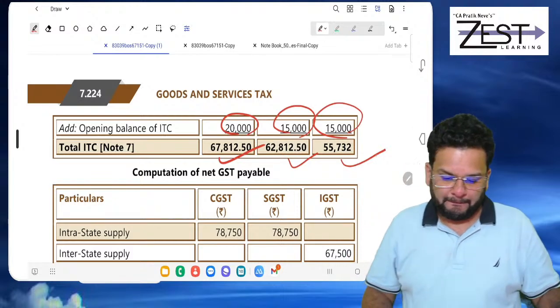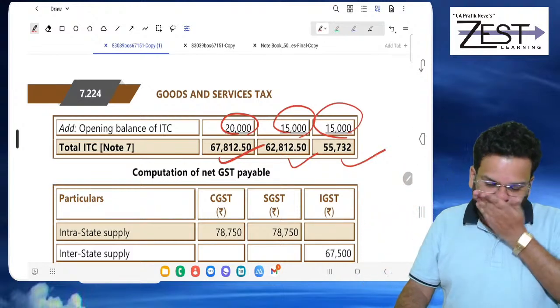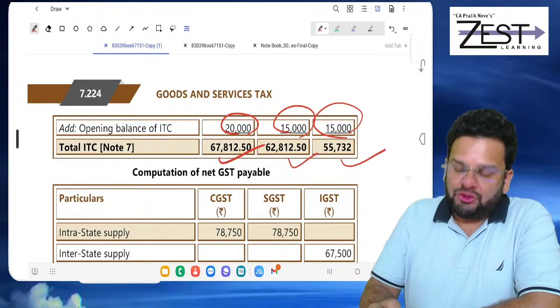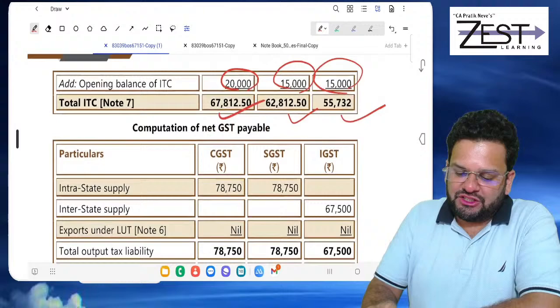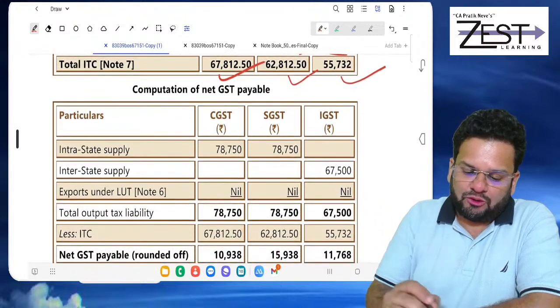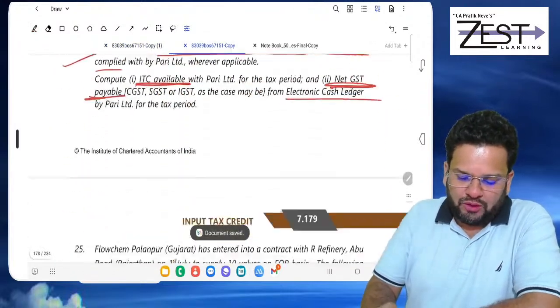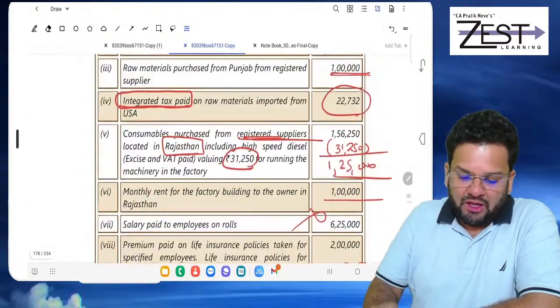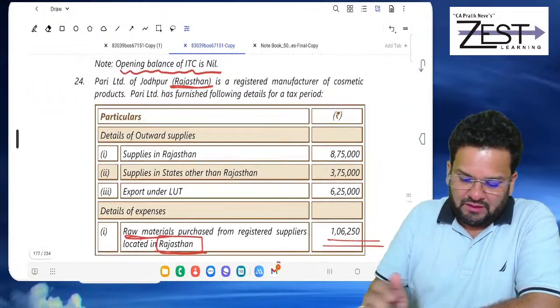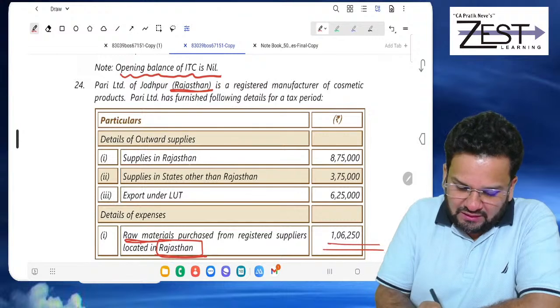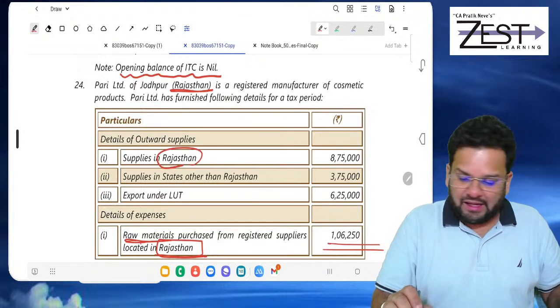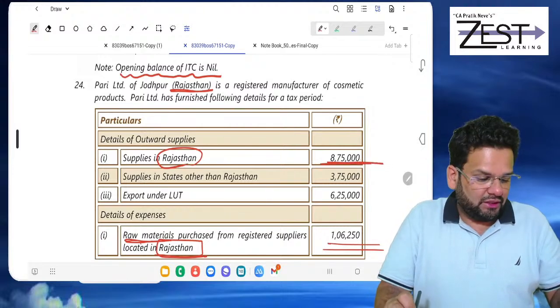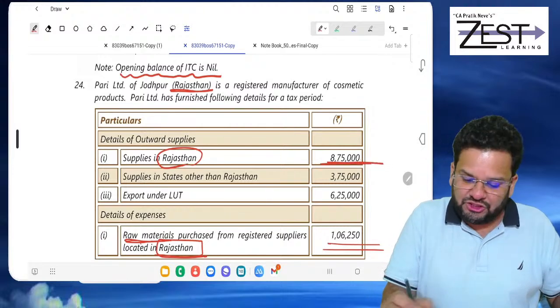Wonderful. Now friends, what will happen? You go for net GST payable. How will you get net GST payable? Calculate output tax. How will you calculate output tax? You have the sales. Supplies in Rajasthan means intrastate. Can you take on your calculator 8,75,000 into 9% each?